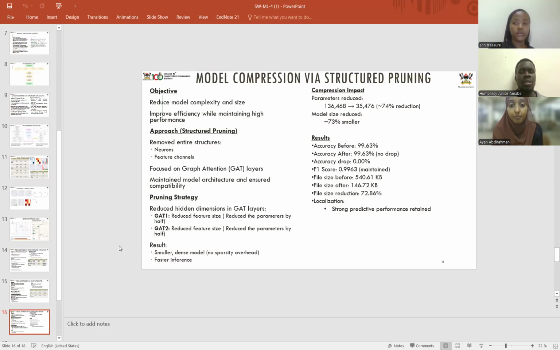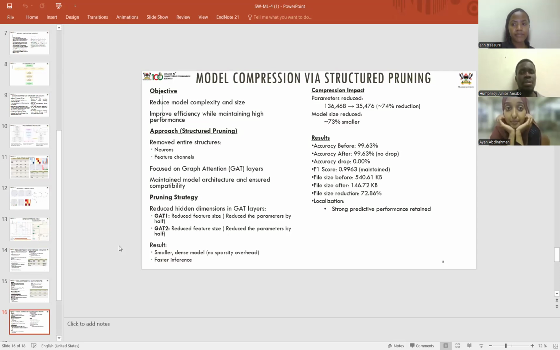So our main goal here was to reduce the model's complexity and size. We know very well that in machine learning, larger models often perform well, but they come with high computational costs, slower inference time, and they require much more memory. So we wanted to improve efficiency while maintaining high predictive performance. To achieve this, we used the structured pruning approach.